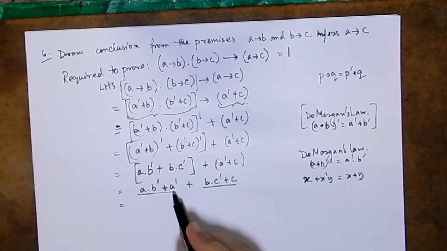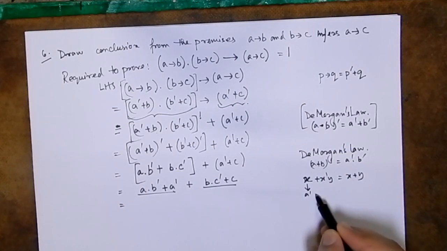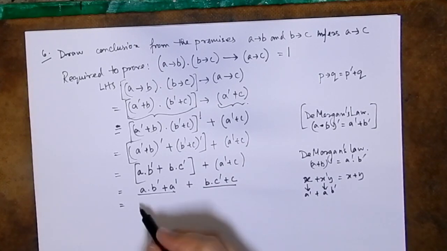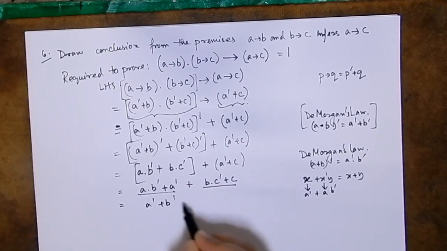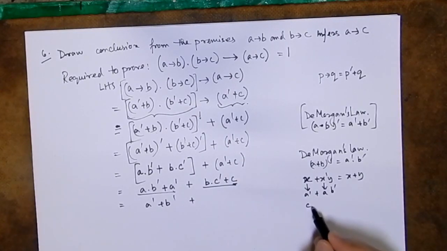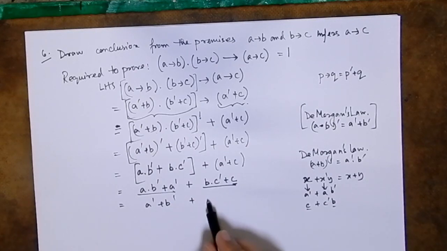See, this is the term which is single, so that will be X. So this is A dashed and X dashed is obviously A and Y is B dashed, so the answer will be A dashed plus B dashed. Similarly over here, so single term is X, so this is C, X dashed is C dashed, and this one is B, so this one will be C plus B.